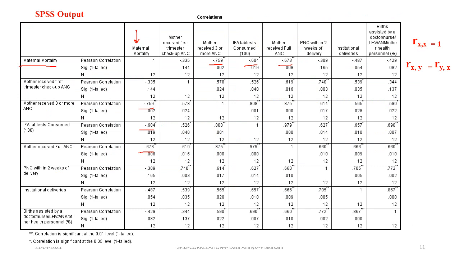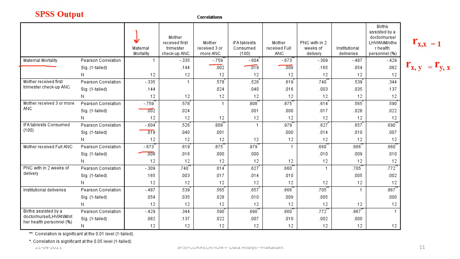Since we have selected all the variables, they are listed accordingly, and the first one is maternal mortality. Row wise and column wise you will find the same variables as headings. The correlation of x variable with x variable is 1.